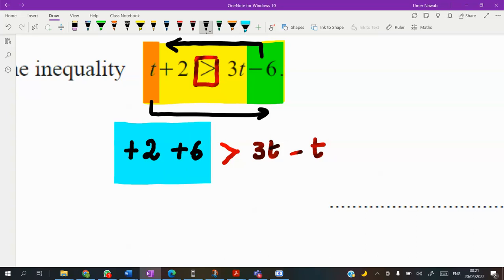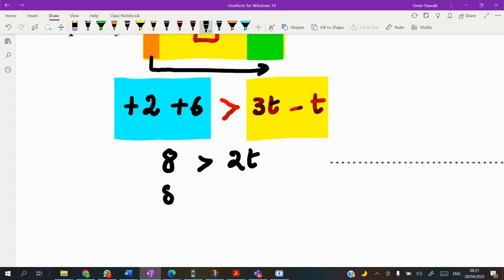Plus 2 and plus 6 gives us 8 greater than 3t minus t, which is 2t, and then 8 divided by 2 is 4. So we will write our final answer as 4 is greater than t.